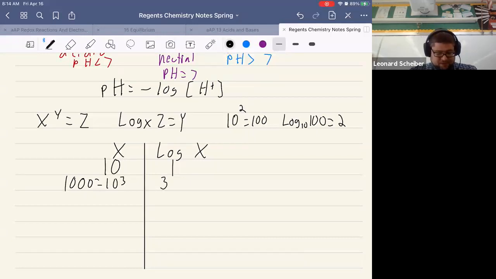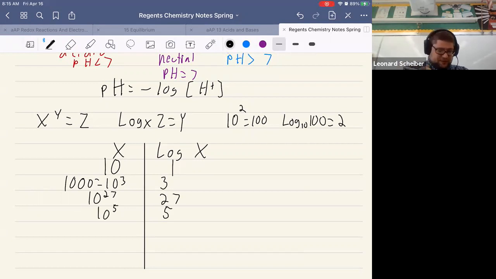Not so hard. If we have 10 to the 27th, the log of x is 27. Not so hard. If we have, let's say, log of x equals 5, then x equals 10 to the 5th.